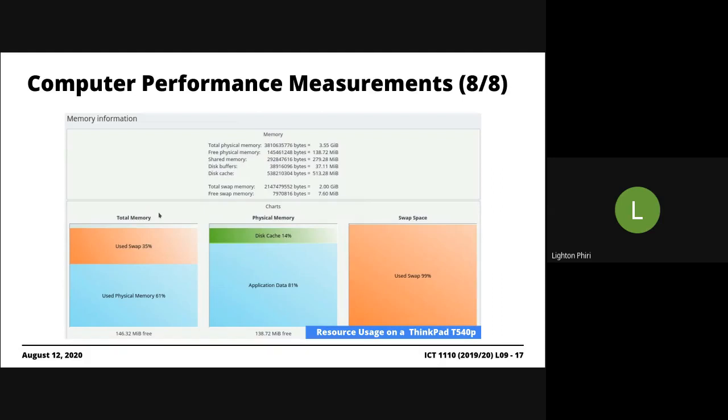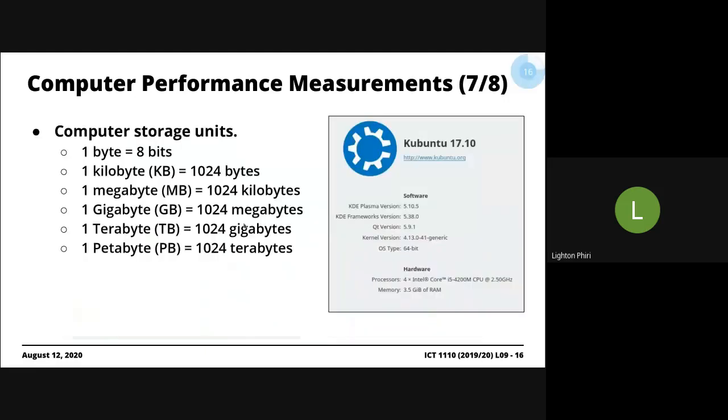So the way that you get to look at these quantities is different depending on what type of operating system you're using, but the concept is the same. In Windows, last time I checked, if you right click the My Computer icon and go to properties, you should be able to see some of these things, like memory, most of the things that are appearing here.